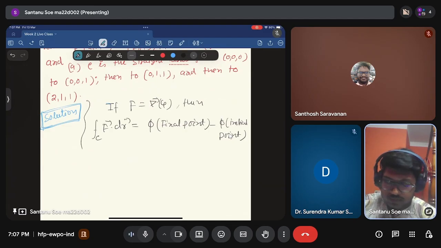So now let us see whether curl of F is 0. If curl of F is 0, then it has a potential function. If curl of F is not equal to 0, then we have to use the traditional formula.